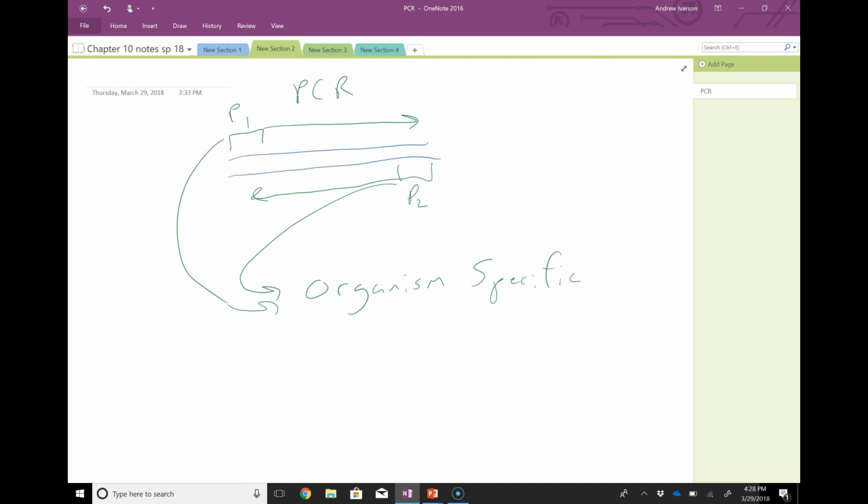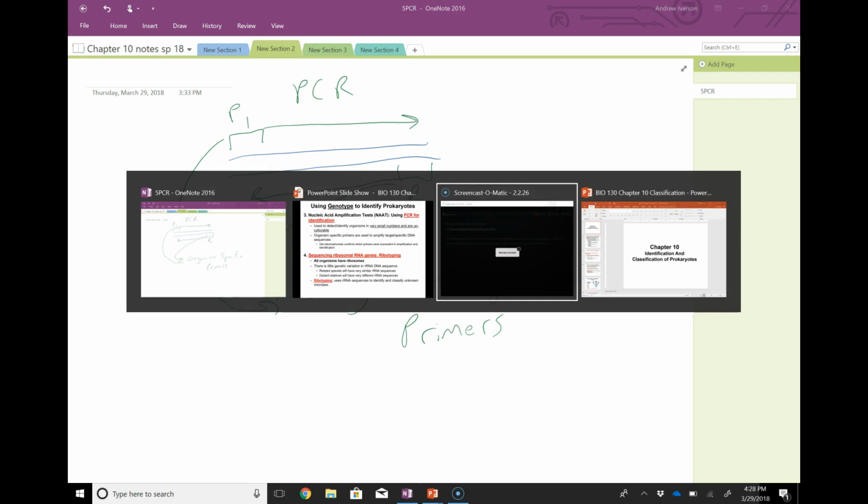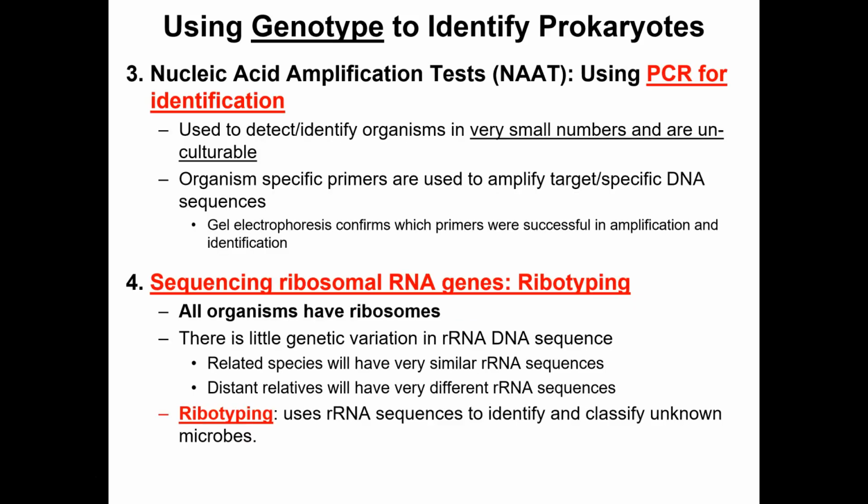Because PCR is all or nothing. Either those primers will bind to some target gene, giving you DNA, or nothing happens. So, using PCR for identification, a nucleic acid amplification test, you utilize a series of organism-specific primers.